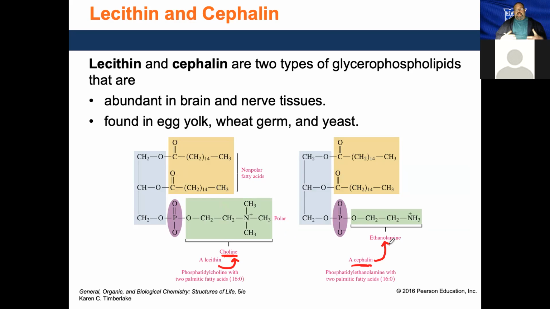Sometimes the cephalin can contain serine, but most of the time the cephalin will contain ethanolamine as the amino alcohol component. So if you look at the two structures, you've got your fatty acid portions. Now, where's the phosphodiester bond? So here it is.